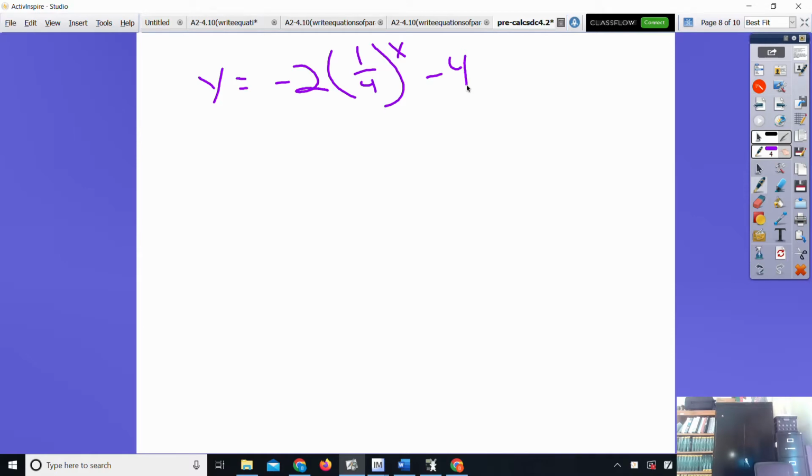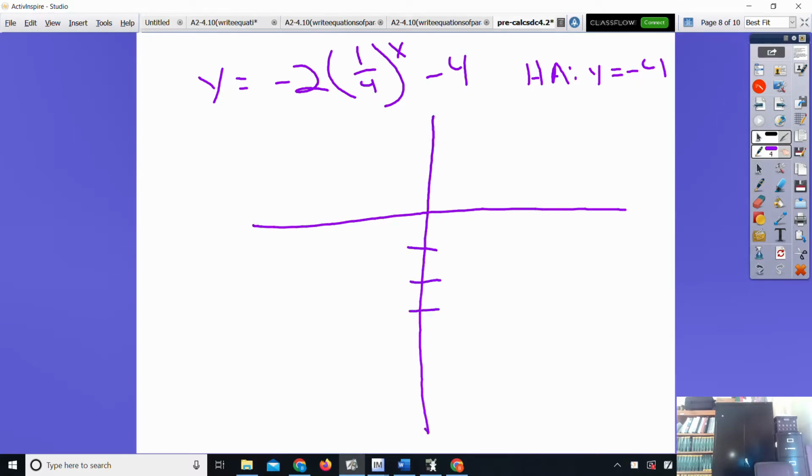Where's the horizontal asymptote on this one? The horizontal asymptote is y equals -4. That would be the very first thing I do. And the rest of it, you don't even have to rely on the theorems. Plug in a 0, plug in a 1.